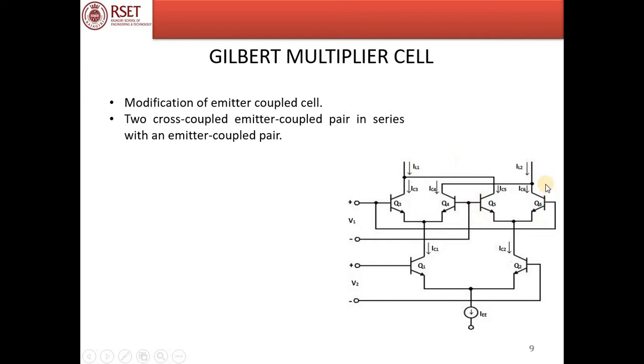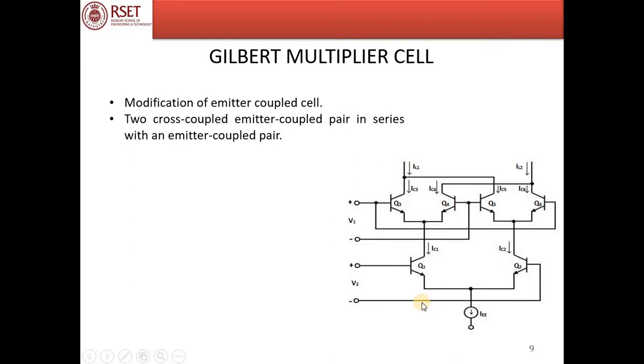This is the other emitter coupled pair. These two are cross coupled. So these are the two cross coupled emitter coupled pairs. They are in series with this emitter coupled pair. So we saw that the Gilbert multiplier cell is a modification of the previous circuit wherein we have two cross coupled emitter coupled pairs in series with another emitter coupled pair.